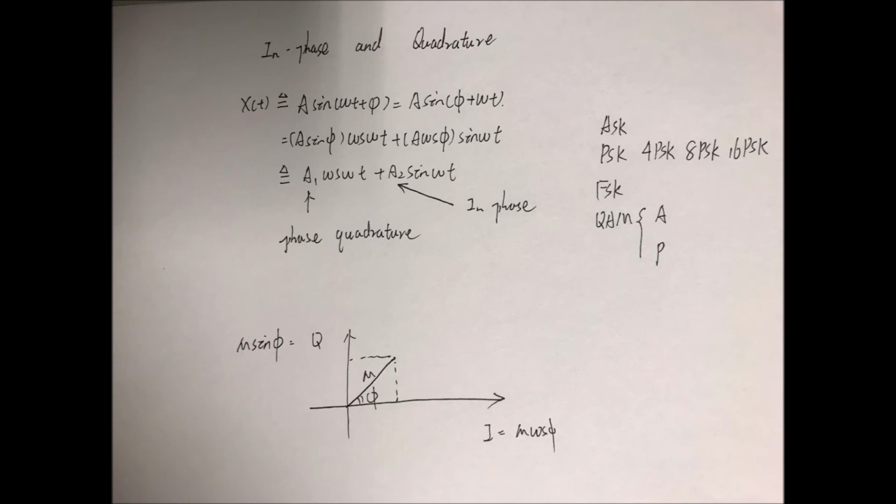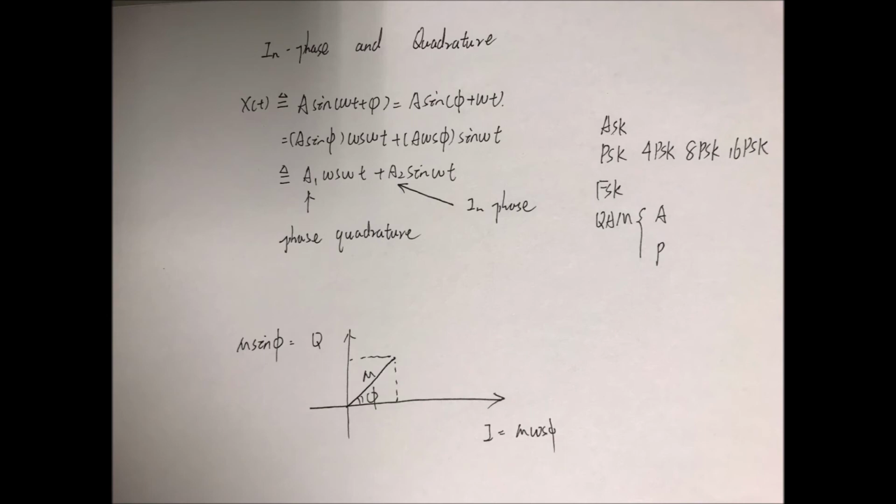ASK, FSK, PSK. So we change amplitude, we change phase, we change frequency. Changing amplitude actually is pretty simple. However, changing a carrier's phase is not so simple.